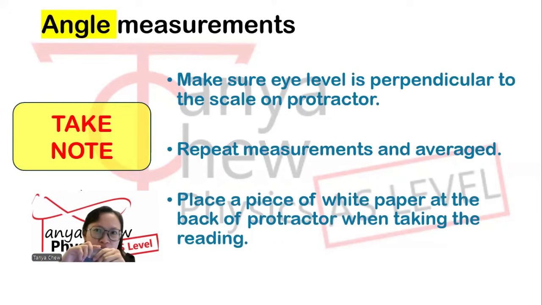If it is transparent, it is very hard for us to judge the accurate reading. If you want your reading to be more accurate, all you need to do is take out your question paper and place it behind the protractor. When you take the reading, it will be more accurate.